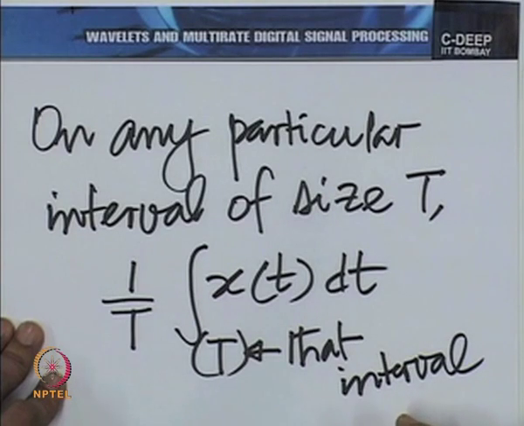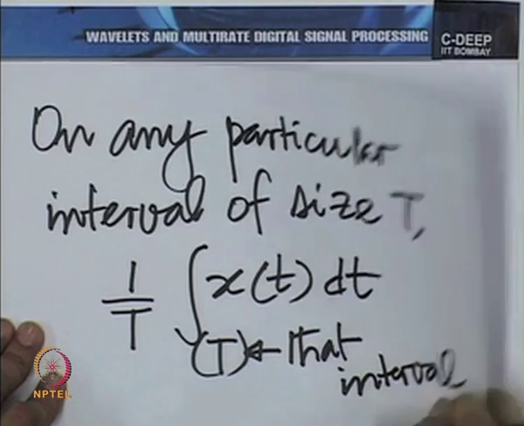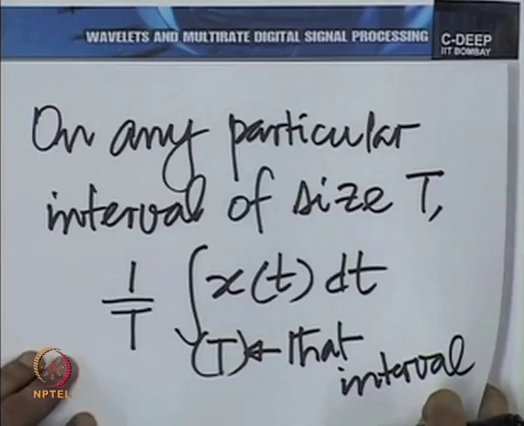This is a piecewise constant representation of the function on that interval of size t. Now, the same thing could be done for an interval of size t by 2.